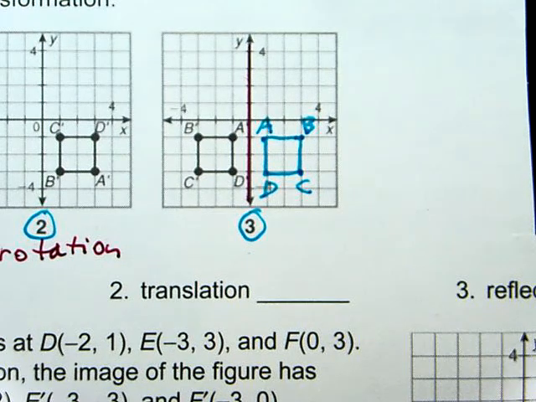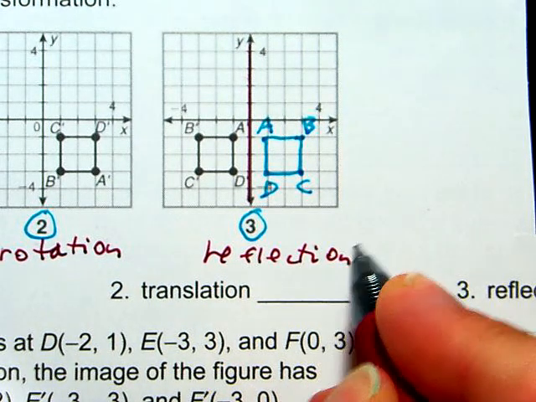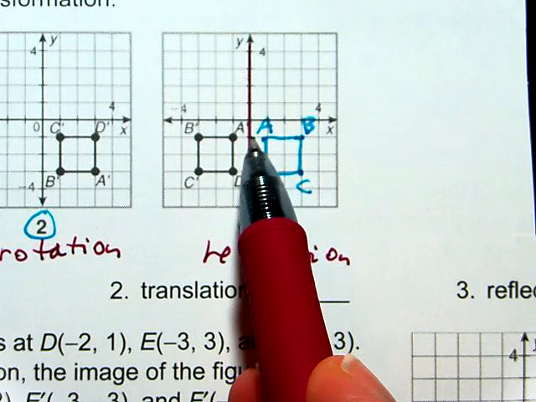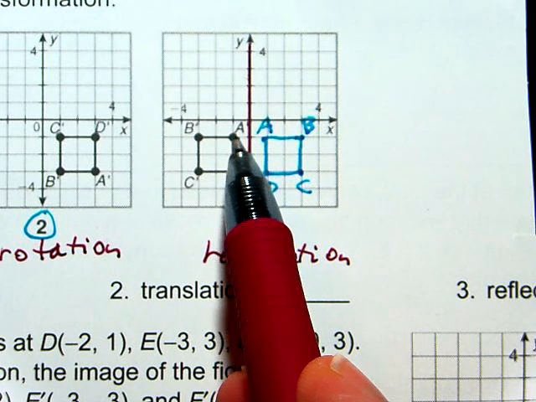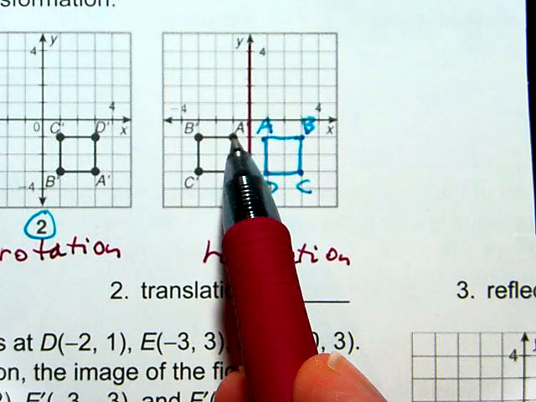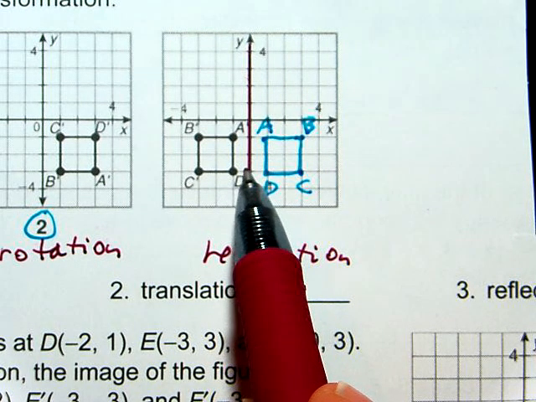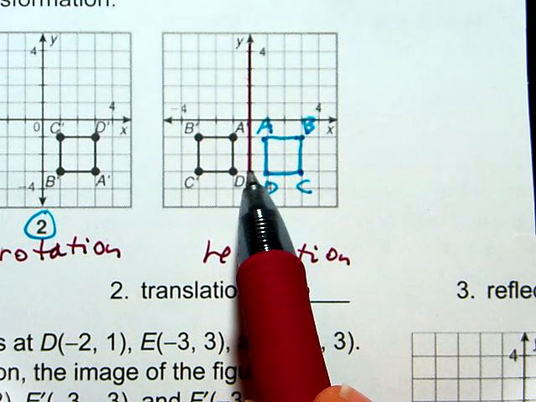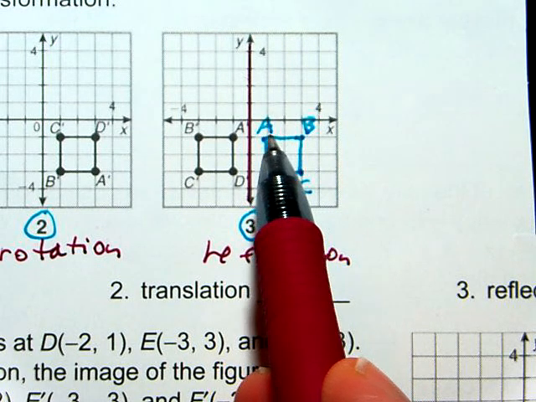A and A, D and D, and the same thing with B and C. They're all looking at their reflections in the mirror. It's also interesting to note that the distance between A and the mirror, which is 1 unit, is exactly the same as the distance between its reflected image A prime and the mirror, which is 1 unit. The distance between D and the mirror is 1. D prime and the mirror is 1. The distance between B and the mirror is 1, 2, 3.